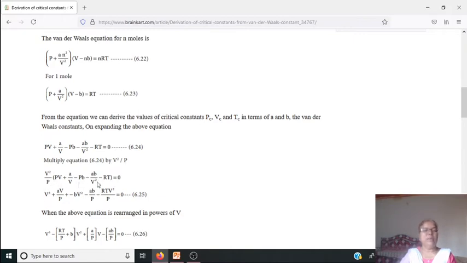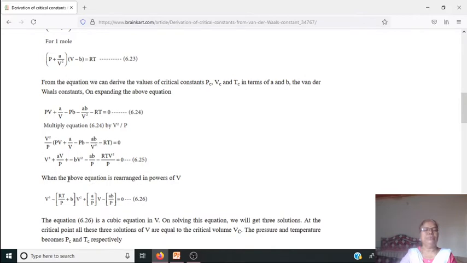So on expansion, we get V cube plus aV by P minus b into V square minus ab by P minus RT V square by P is equal to 0.